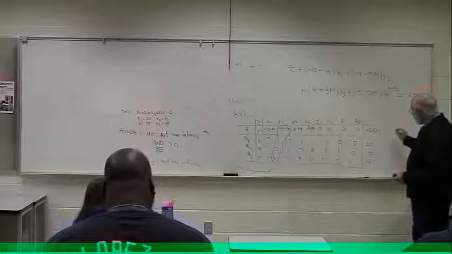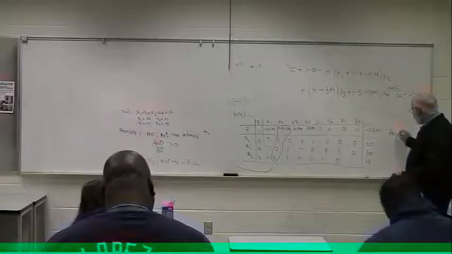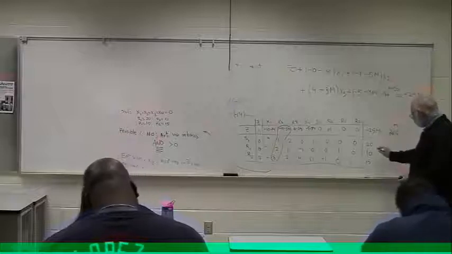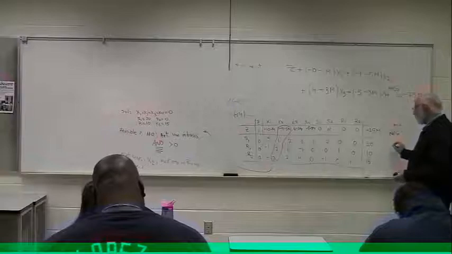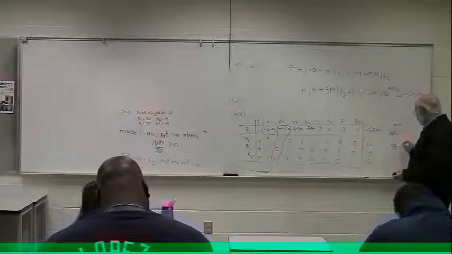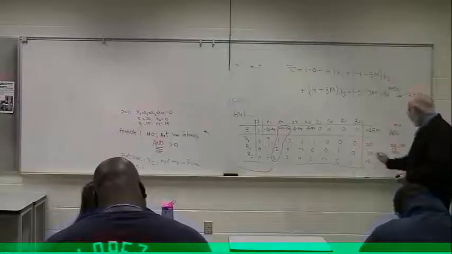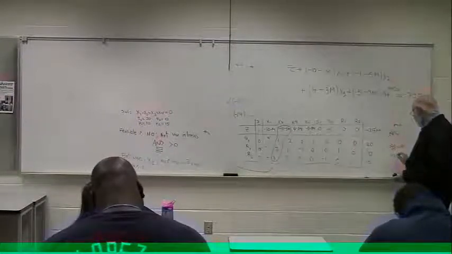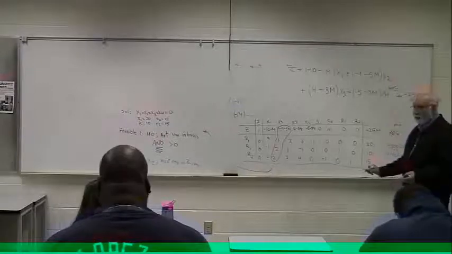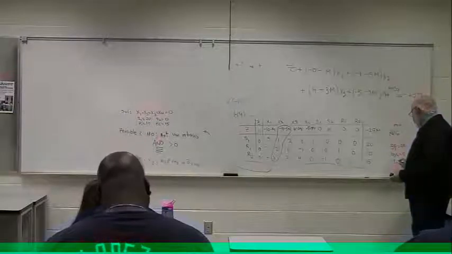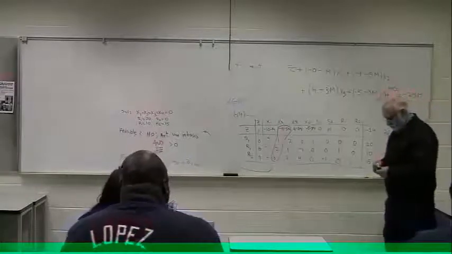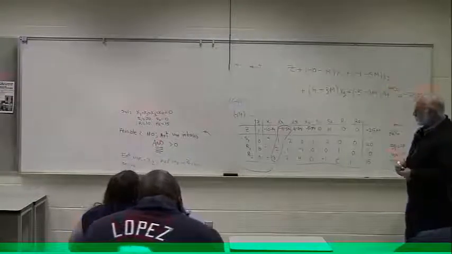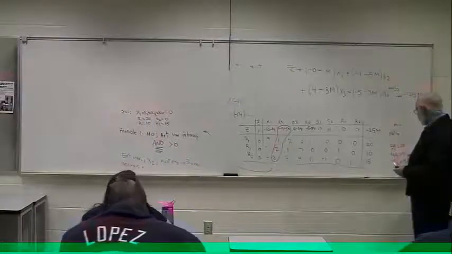So the ratios are 20 over 1, which is 20, 10 over 2, which is 5, and 15 over 3, which is 5. And we will select among these two.